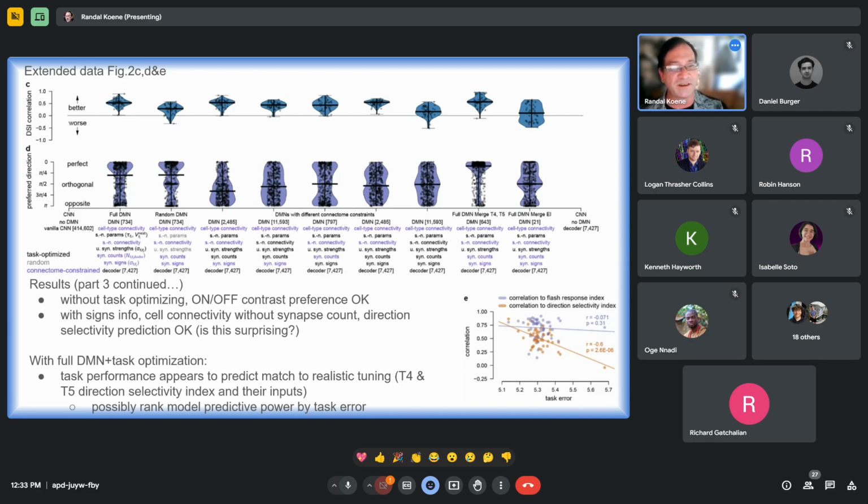Additionally, as shown in extended data figure 2E down here, task performance, so the task error here, was correlated with correct tuning of direction selectivity for cell types T4 and T5. And from that, what they extracted as a useful property here is that these models could be ranked by task error to determine their likely predictive power, so their ability to form valuable hypotheses that you can subsequently verify experimentally.